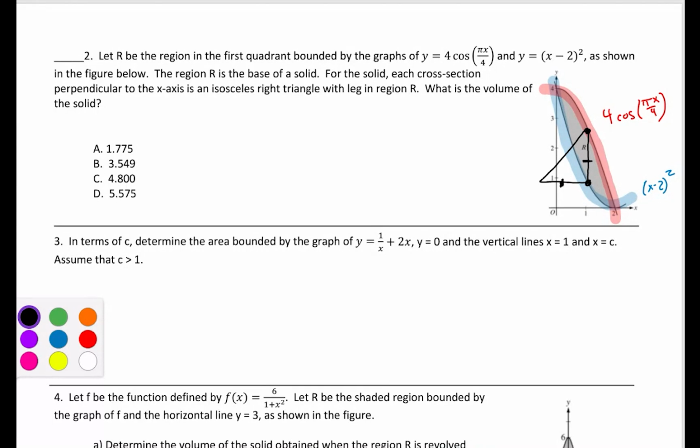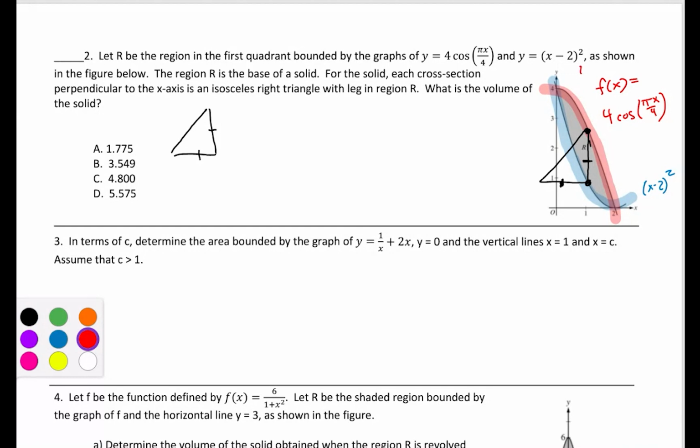And that side length is going to be the difference between the top function and the bottom function. In other words, it's the top function minus the bottom function. So for a right isosceles triangle, the dimensions here are going to be that red function. And maybe I should give these names. Let's let f of x be 4 cosine of pi x over 4.